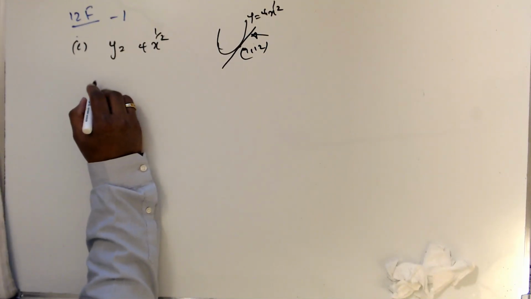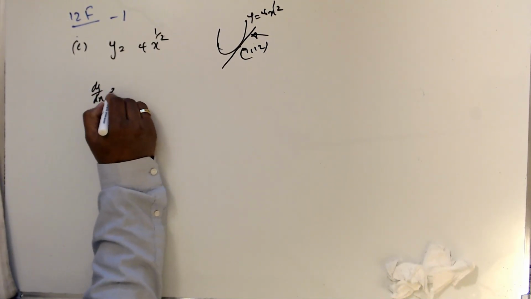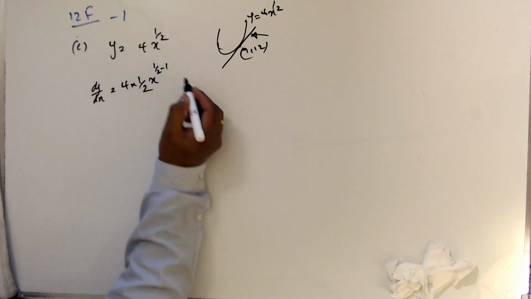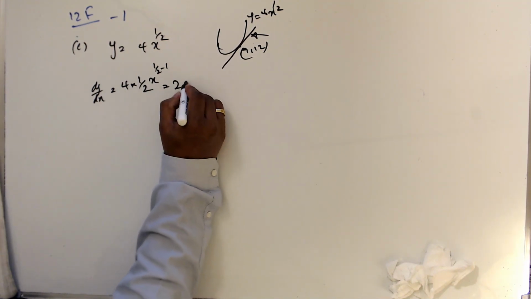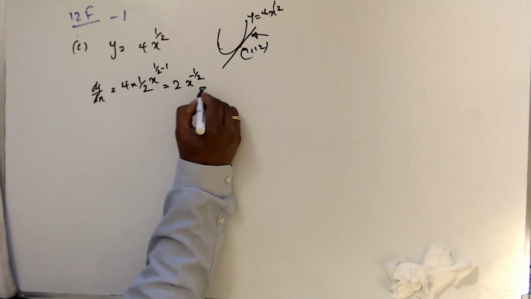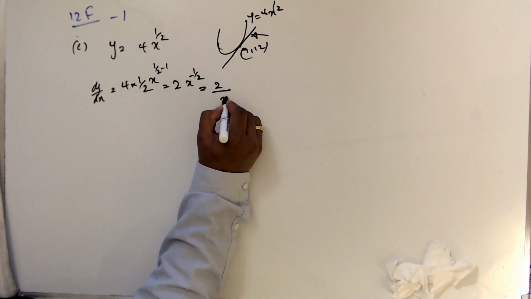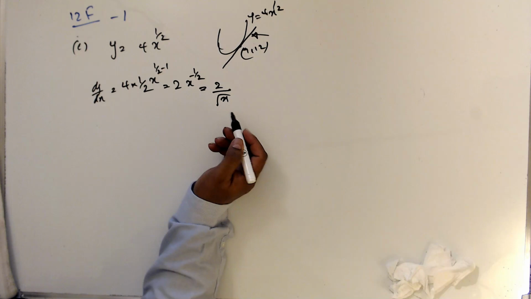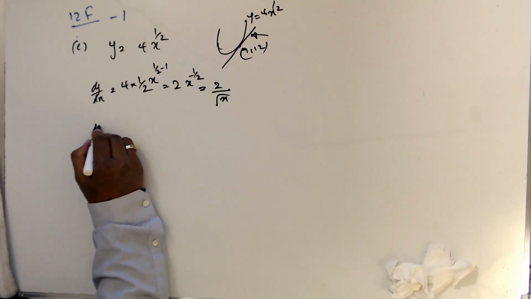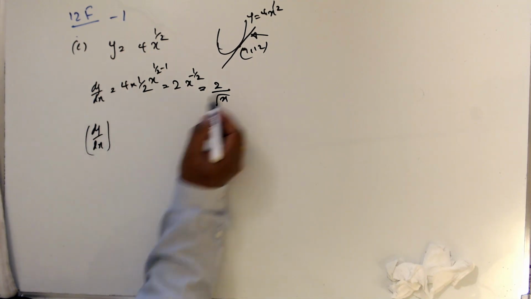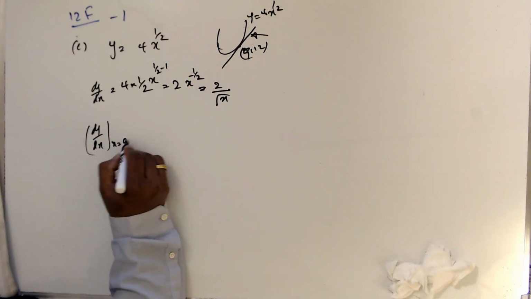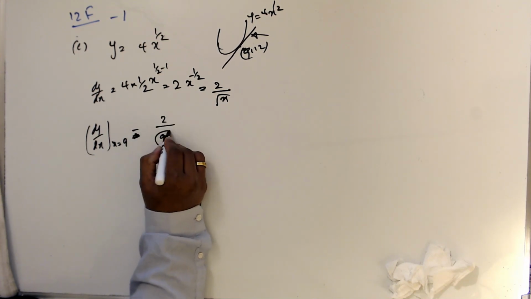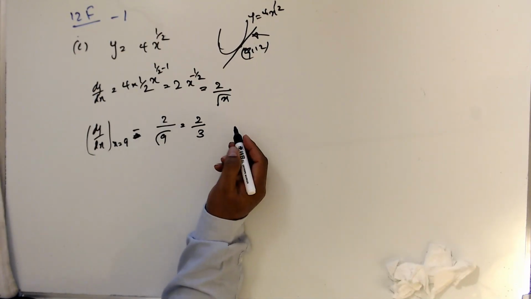First of all, dy by dx: a half times x to the half minus 1, the 2s cancel, giving 2 over square root x minus a half. At x equal to 9, 2 over square root 9 means 2 over 3.